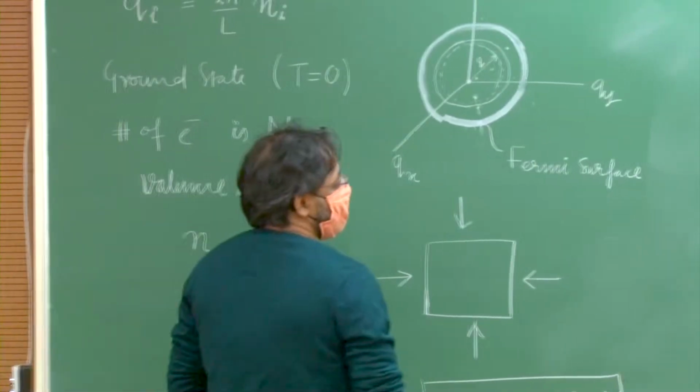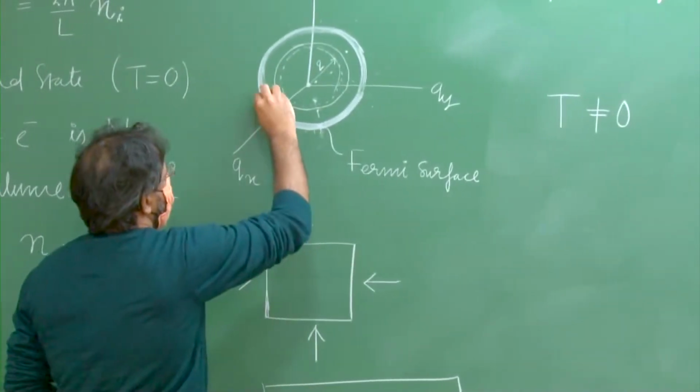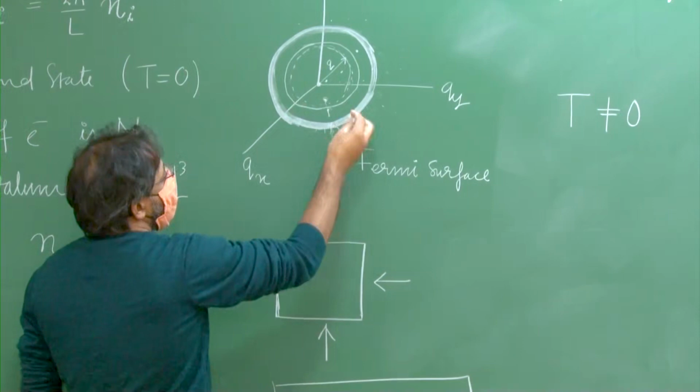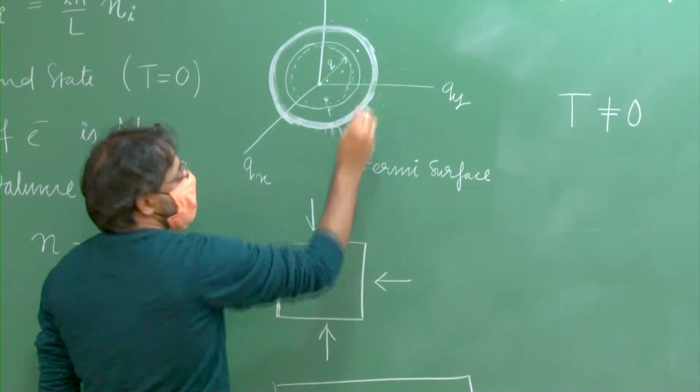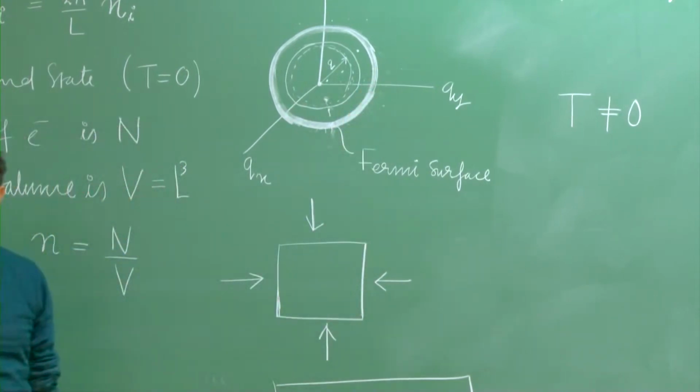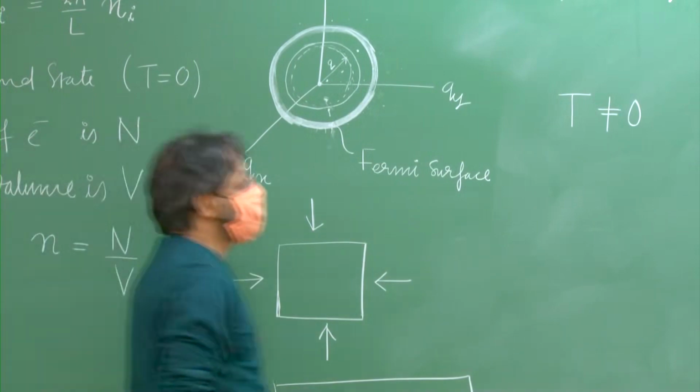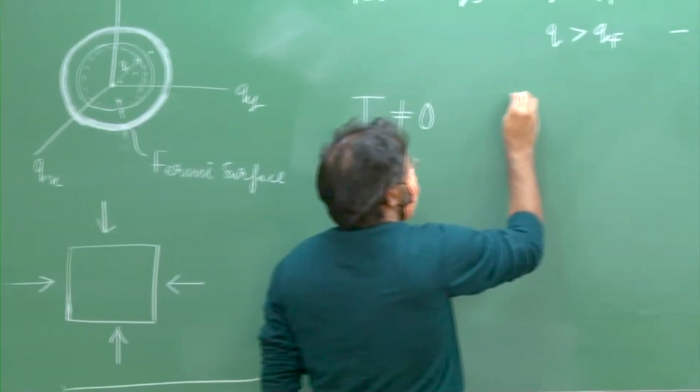So, the point is that how would you know which state is empty and which is not, because it is a statistical process, right. So, that is known by this distribution function.